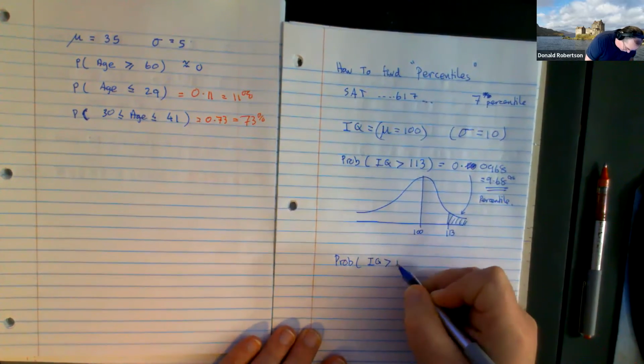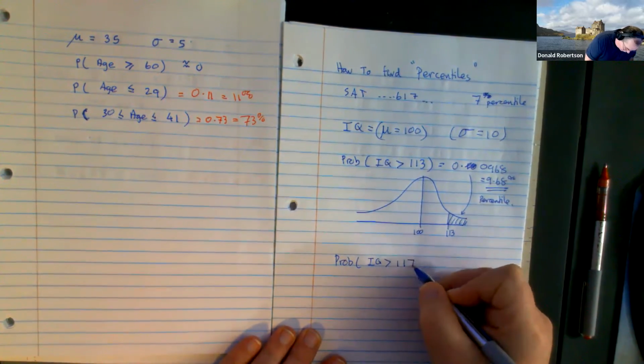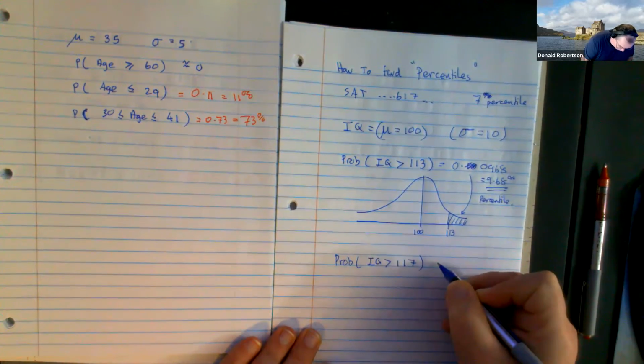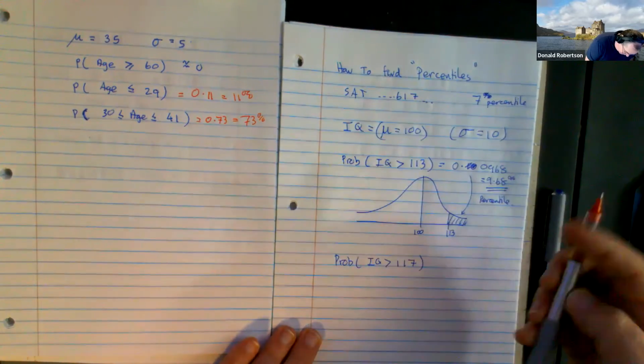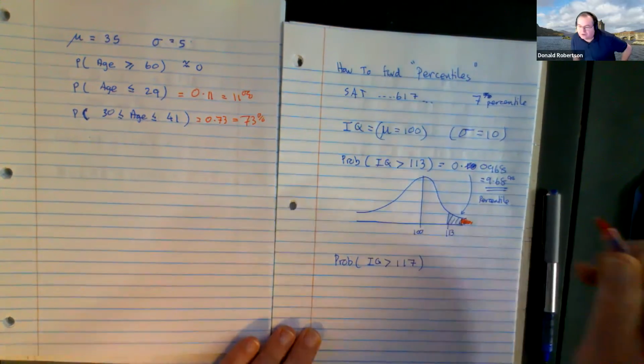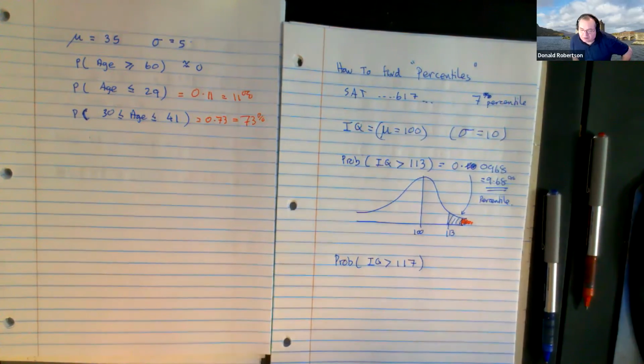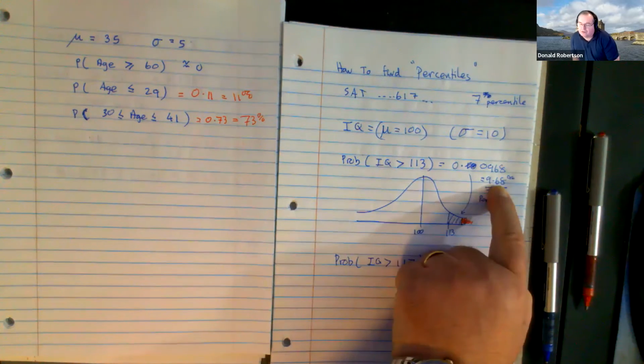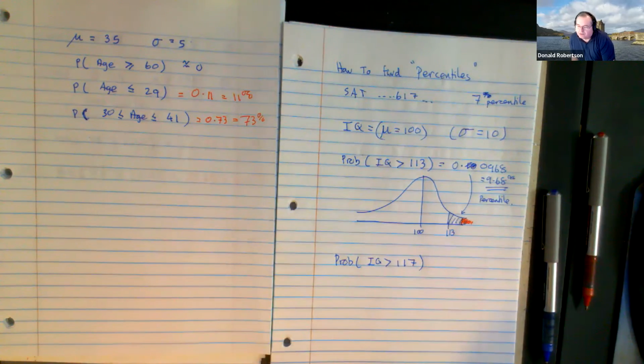If somebody got an IQ of 117, which is basically about here, wouldn't you expect their percentile to be different? Instead of the top 9.68%, would you expect it to be even smaller than that, to be in the top 4% or top 3%? Does that seem reasonable?